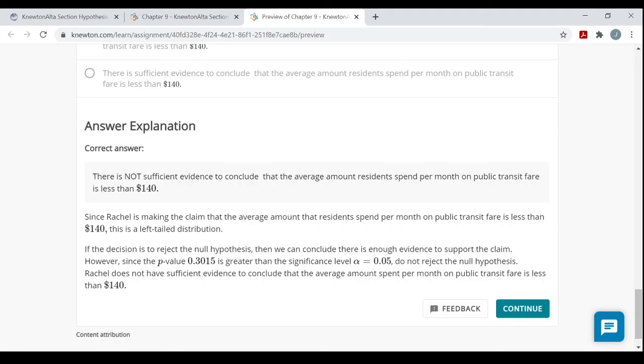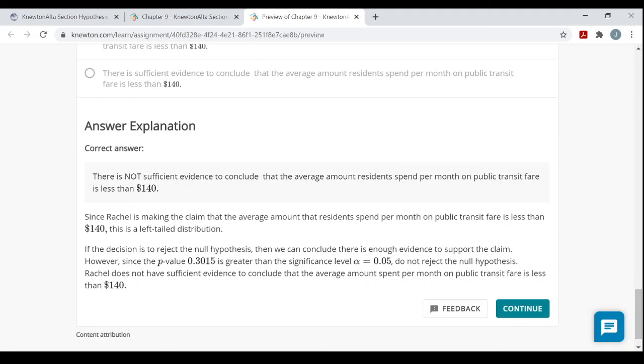And then, with this p-value approach, you find the p-value for your test statistic, which will either be an area to the left or an area to the right, or an area to the left or right then doubled if it's a two-tailed test. Then you compare that p-value to alpha and decide if you're going to reject the null or not reject the null hypothesis. And then once you've decided that, you can make your conclusion about the claim.